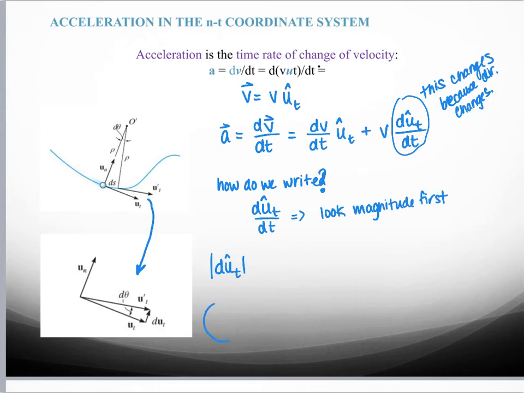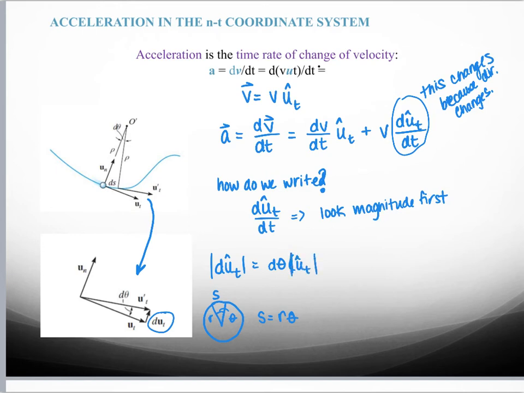Now there's something that we use with a circle. When there's an angle that subtends an arc length and you have a radius, we find that the arc length is equal to the radius times that angle. So we're going to use that here to figure out how to write this du, because it's like our arc length. We're going to write it as the angle, which is d theta, and then the radius, which is just the tangential unit vector.